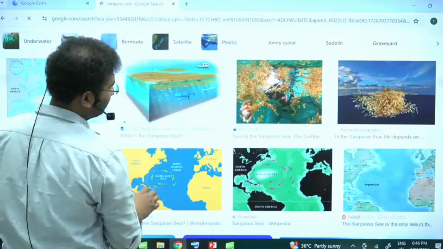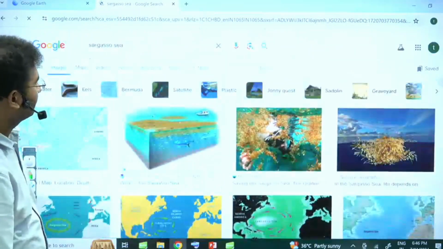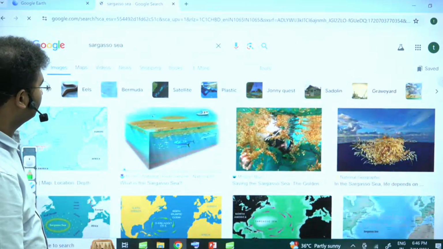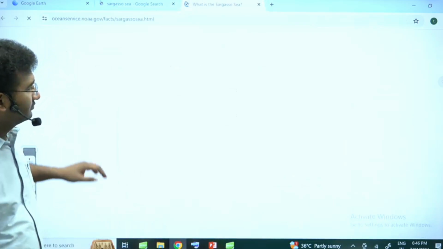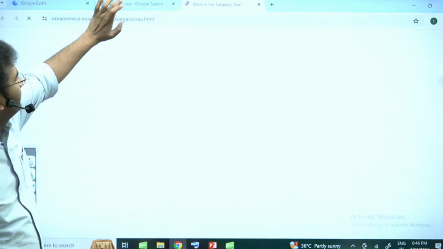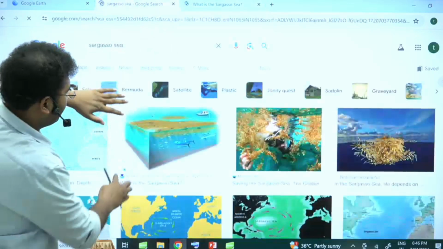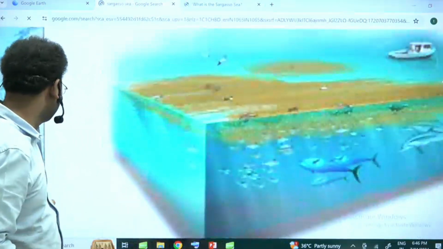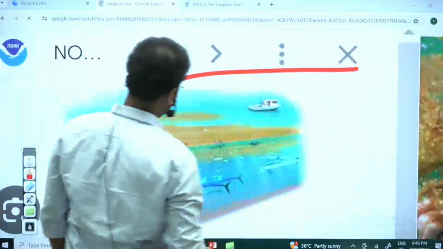It looks like this. Just a minute. If you can see, this is how you have grasses grown in the central part of the area because of the nutrient concentration.